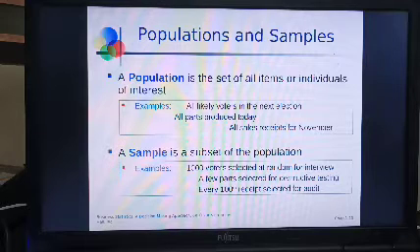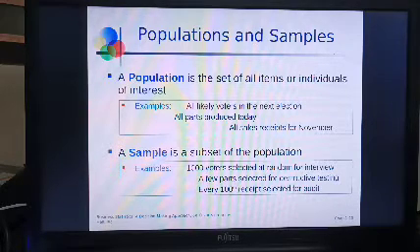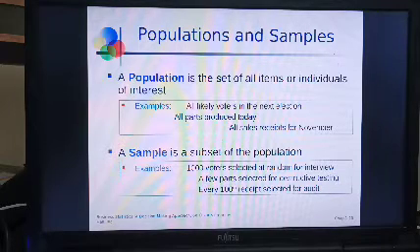While a sample is a subset of the population, like 1,000 voters selected at random for interview.